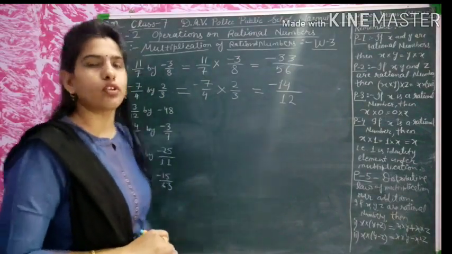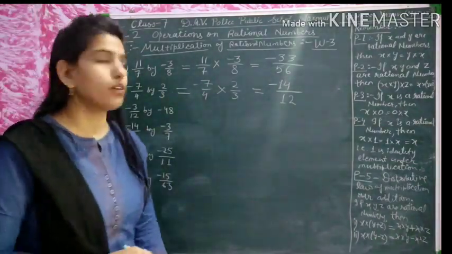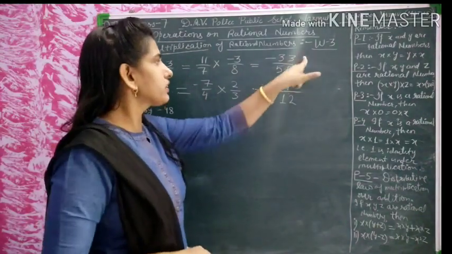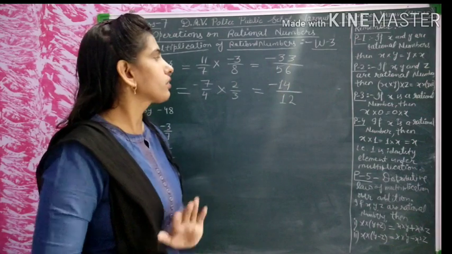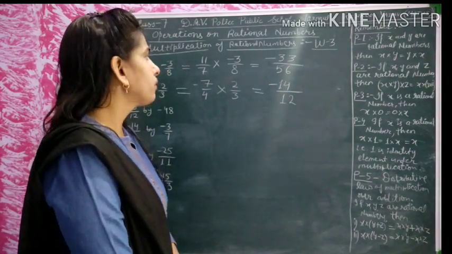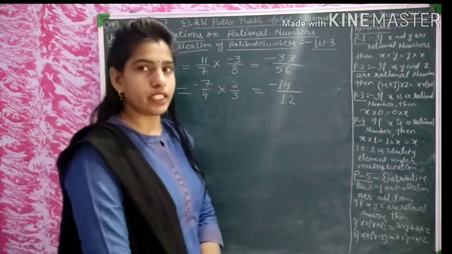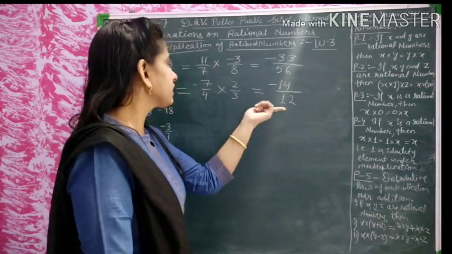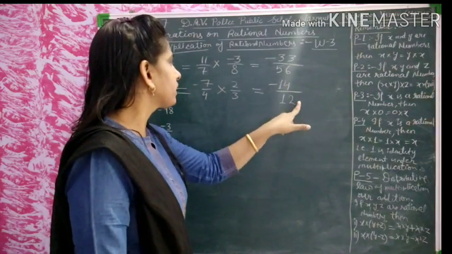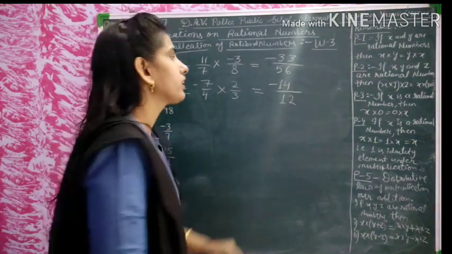Minus 14 by 12 is the answer. But we have to change it into the standard form. In the first answer, 33 and 56 have no common factor, so it is in the standard form. But here you are seeing that there is one common factor between both the numbers, that is 2.